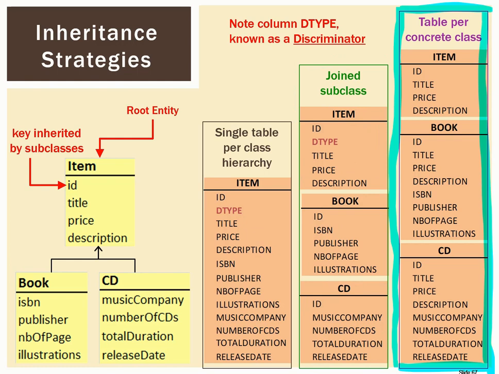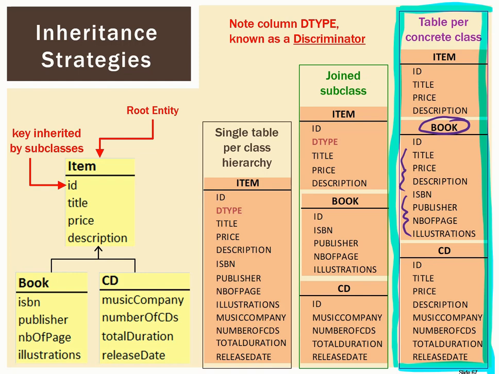In the table per concrete class model, all of the subclasses have all of the fields they need to fully describe a row. So for example, the book table has the superclass fields of title, price, and description, and then it has its own unique fields of the ISBN, the publisher, the number of pages, and illustrations.